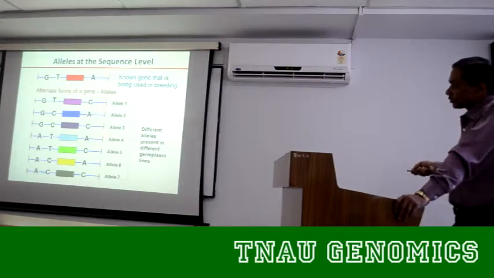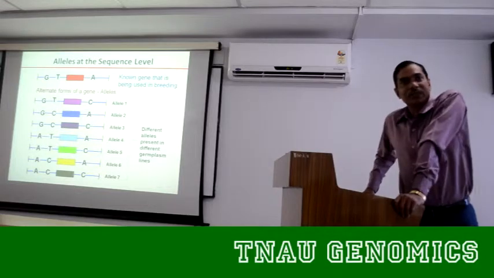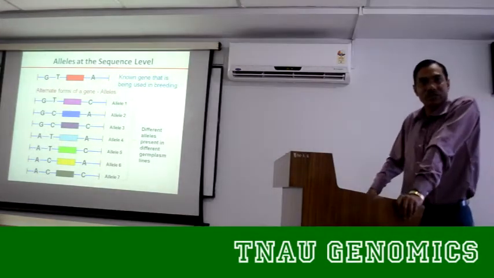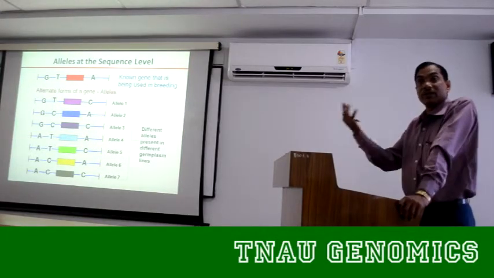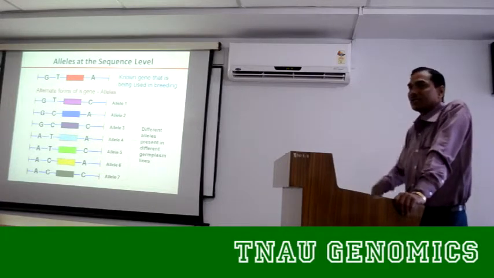So you can establish far more robust associations if you have this kind of haplotype structure constructed for many different genes, so-called candidates or otherwise, and then associate them with the trait phenotype.